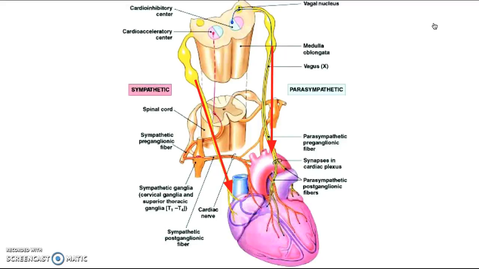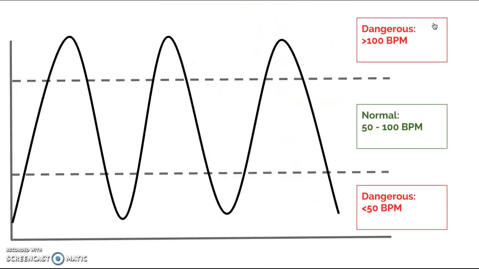The postganglionic sympathetic fibers extend from the cell bodies in the cervical and thoracic ganglia to the axon terminals in the heart. The vagus nerve carries the parasympathetic preganglionic fibers from the centers in the medulla oblongata to the axon terminals in the heart. If at any time heart rate strays from the normal 50 to 100 beats per minute, the brain will send signals to release hormones to correct the irregularity.